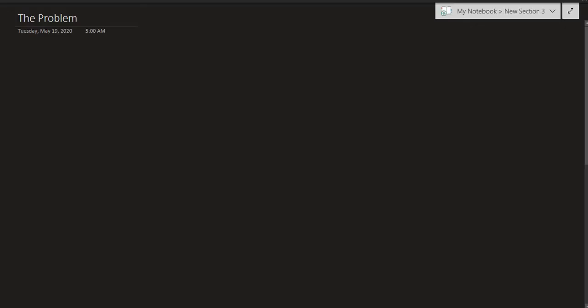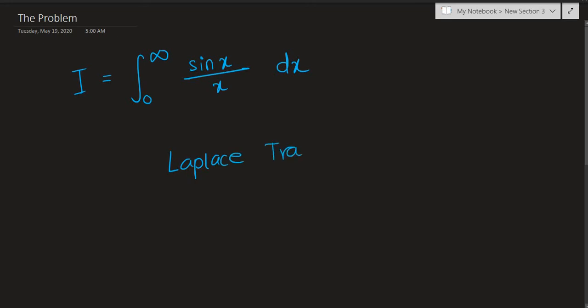So we have our problem, let's call it I, being defined as the integral from 0 to infinity of sine of x over x dx. And as I said, instead of using the Leibniz rule or the Feynman technique, we'll be using Laplace transforms like we did in our previous video.